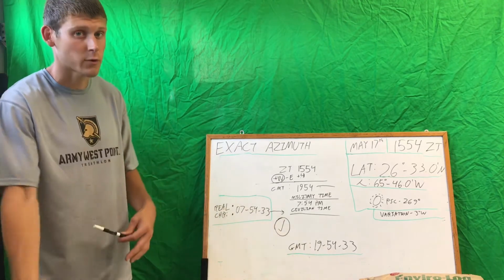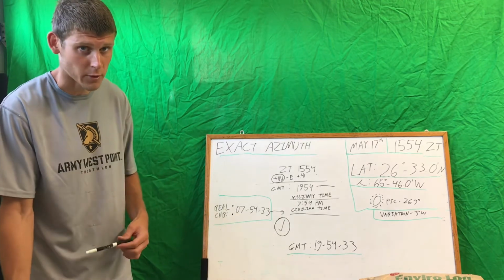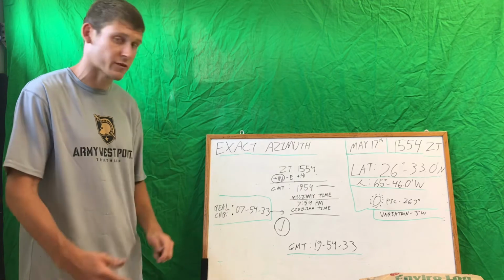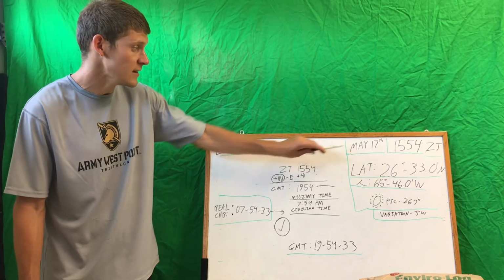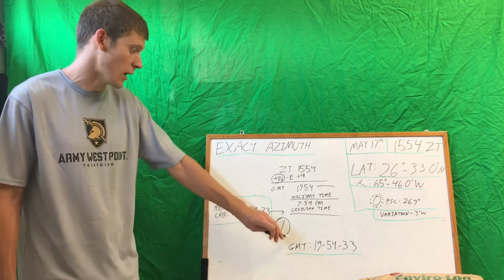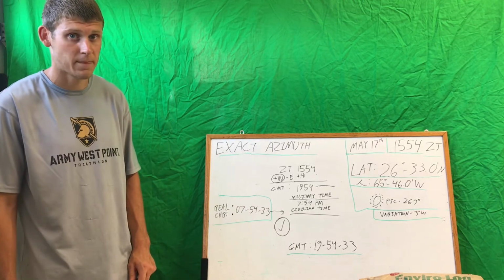And if you go over 24, that means that you're in the next day. We didn't go over 24. 15 plus 4 is 1954, so we're still in the same day. That means May 17th is still the date we're going to use when we look this up in the Nautical Almanac in order to calculate our LHA.